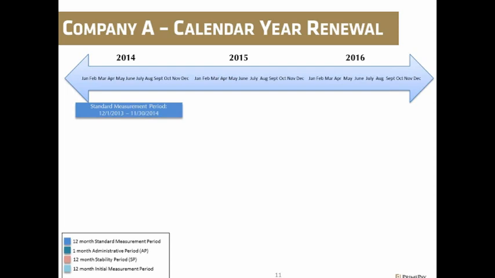As you see here, the standard measurement period that was selected, because the employer wanted a 1-month administrative period. In talking with that employer, they determined that 1 month, based on their size and how they do things, is going to be enough to do their evaluation and get the enrollment sent out to their employees. So what you do is first determine the length of these periods.